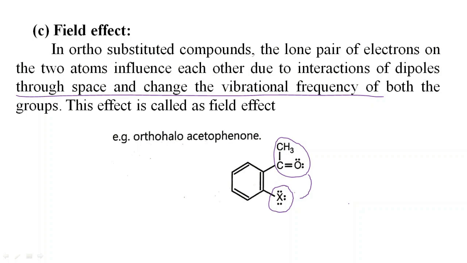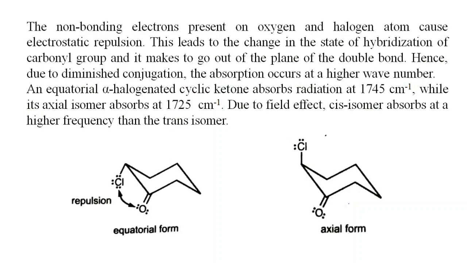This is known as field effect. The non-bonding electrons present on oxygen and halogen atom cause electrostatic repulsion. These non-bonding electrons present on halogen and non-bonding electrons present on oxygen cause electrostatic repulsion.